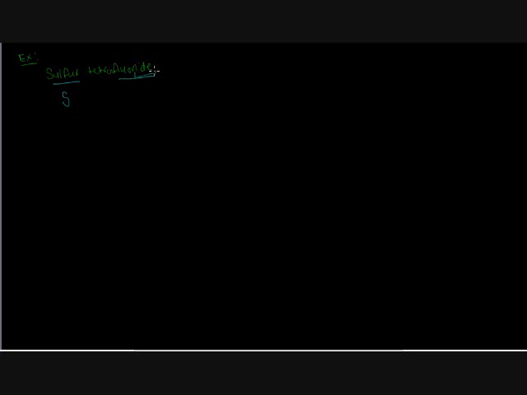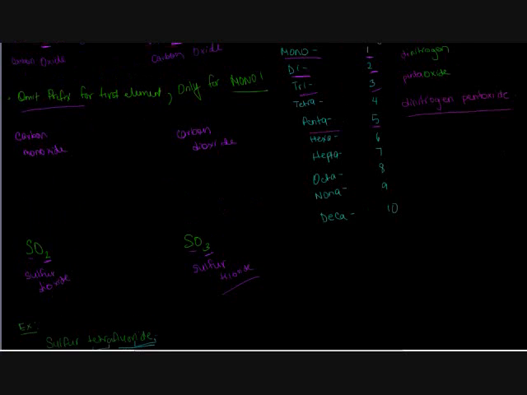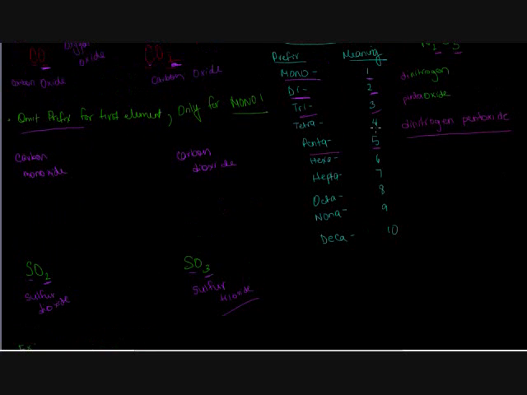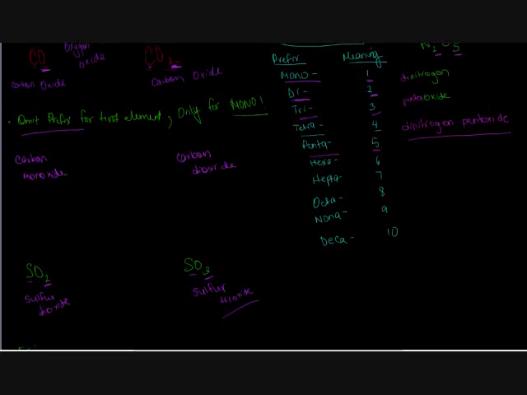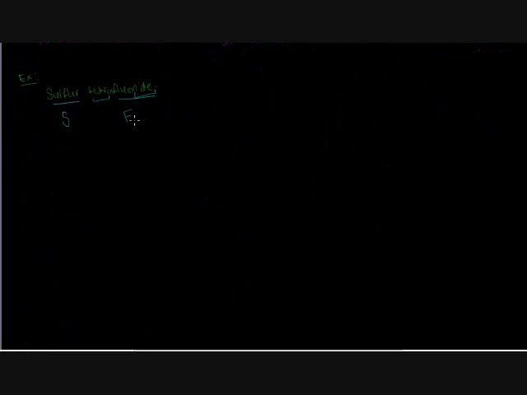So in this case my ide is a fluoride, so my second element is an F. Then you go back, see if there's any prefixes. In here I have no prefix, so I have a mono sulfur. And over here I have tetra, which means, from up here we know tetra means 4. So that means I have 4 fluorines. So SF4 is sulfur tetrafluoride.